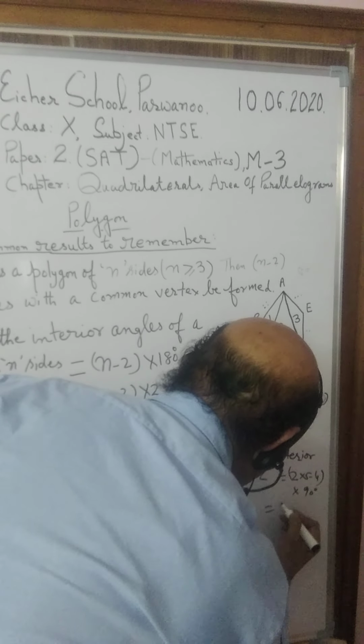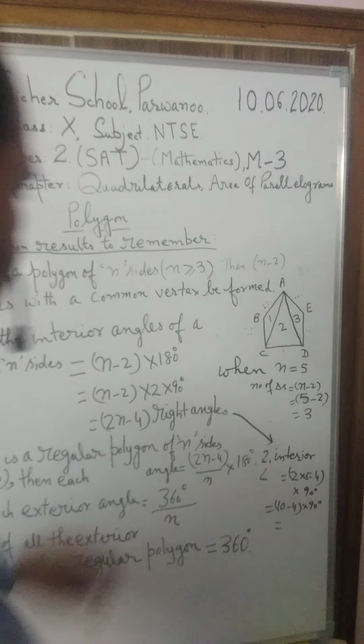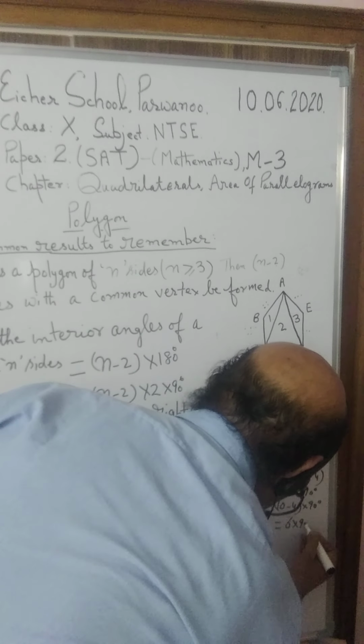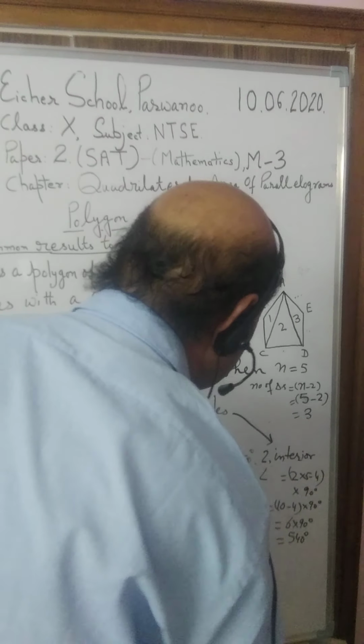That is equal to 10 minus 4, then multiplied with 90 degrees, that is equal to 6 multiplied by 90, which is 540 degrees.